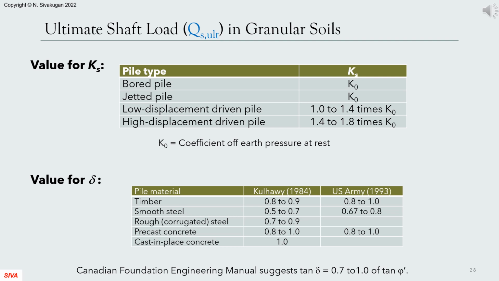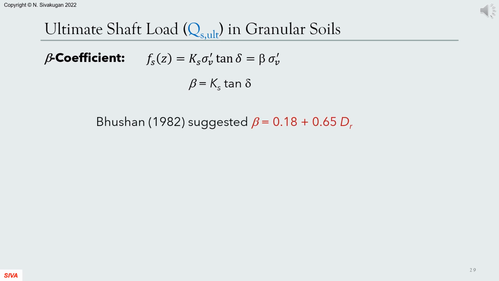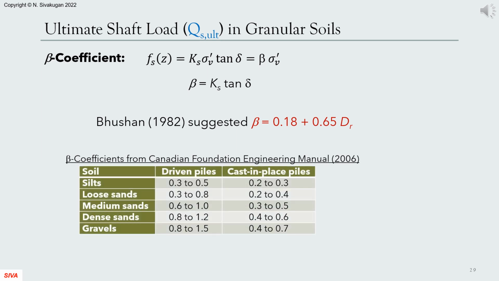Here are some suggestions for selecting the values of Ks and delta. Ks and delta are combined into a single term Ks tan delta, which is known as beta coefficient.